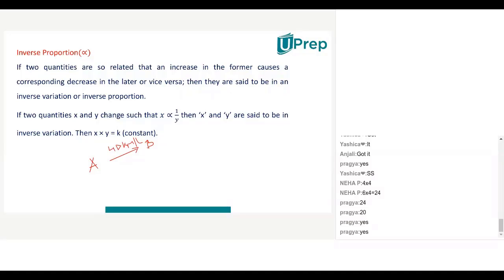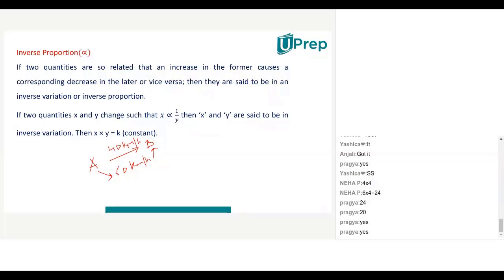Now the second time I'm traveling at 60 kilometers per hour. Now, what I will say is, if my speed increases, the time taken to reach B will decrease. Yes or no?